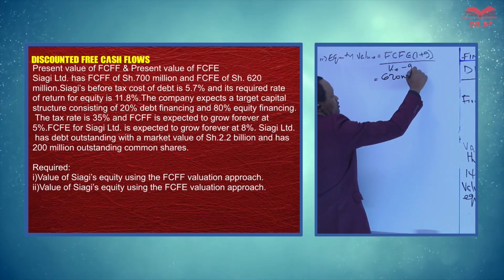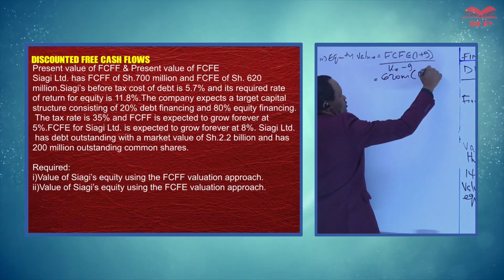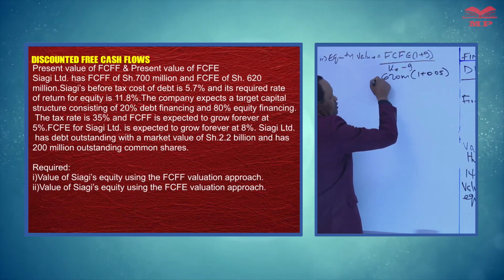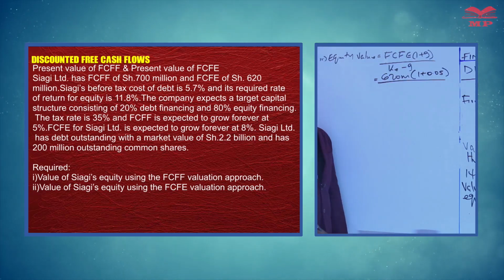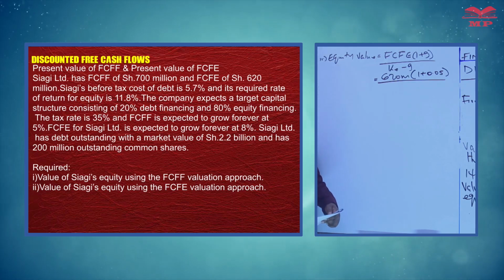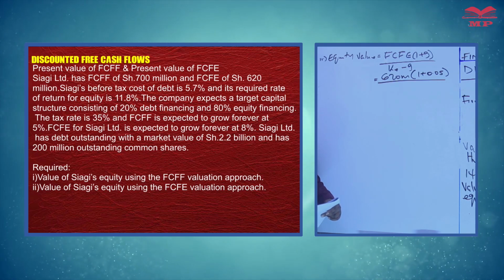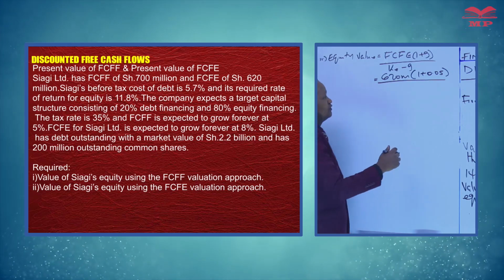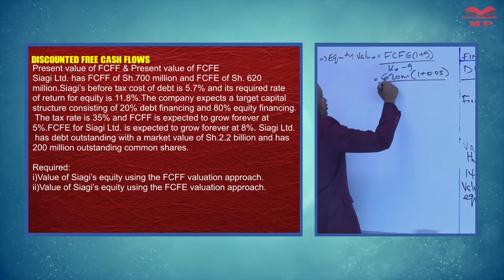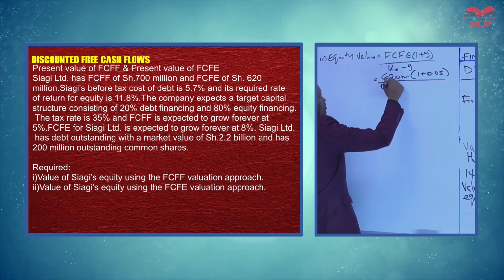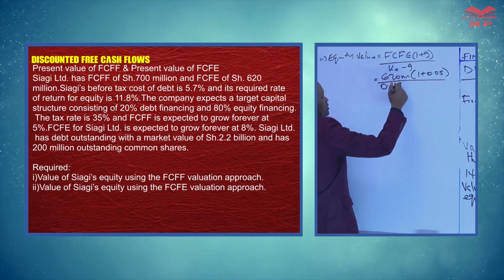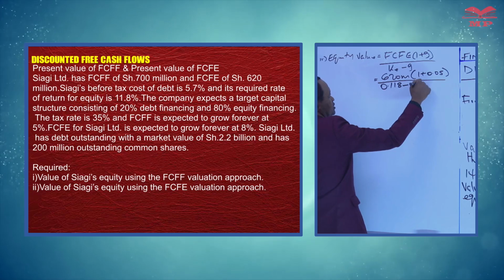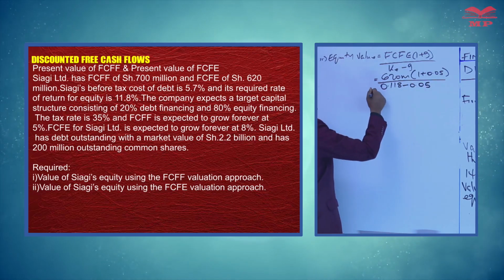We grow it, 1 plus 0.05. We divide it by the cost of equity. The cost of equity is the required rate of return, 11.8. Converted into decimal, 0.118 minus 0.05. What is the value of equity?